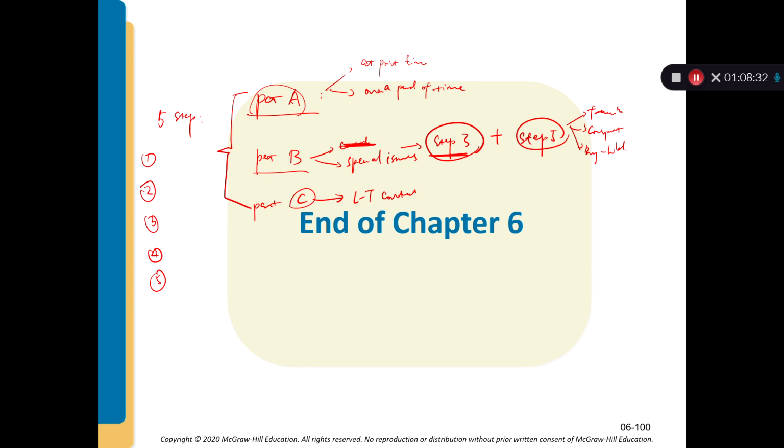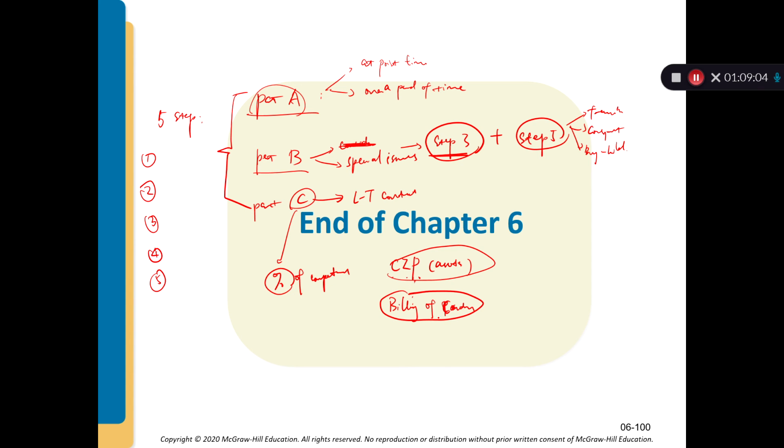And part C is interesting because everything depends on percentage of completion. We introduce two accounts. One is called CIP, construction in progress. It's an asset account. And another one is called billings on construction in process, right? These two accounts record the asset of the project and the liability of the project, and then in the end we want to close them out.